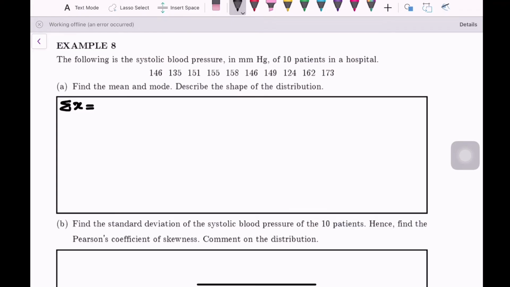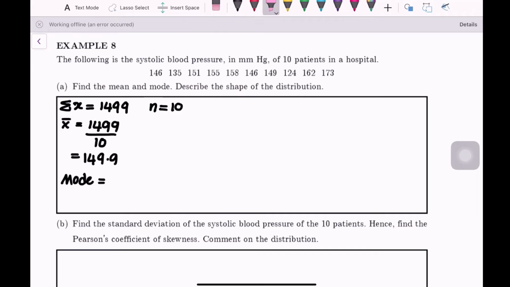Sum of x is equal to 1499. N is equal to 10. So the mean is equal to 1499 over 10, which is equal to 149.9. Then for the mode, we refer to the data.